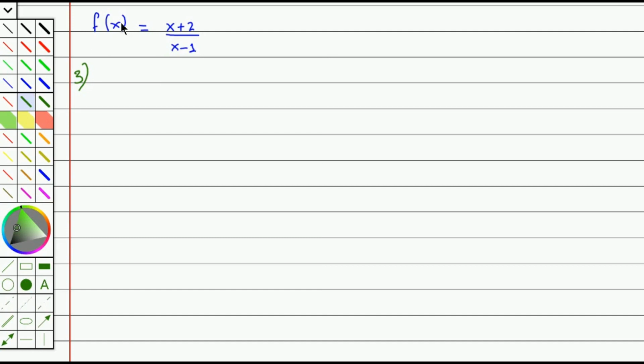So I copied the formula of the function so that we can remember it. And we go f prime of x.